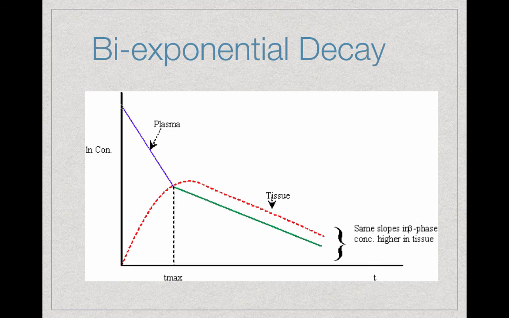That means that everything is injected and homogeneously distributed all at once. Your y-axis here is concentration, and it is decreasing from that first compartment, which is your blood vessels or your plasma, at a rate, and it ends up being a bi-exponential decay because this is a two-compartment model.